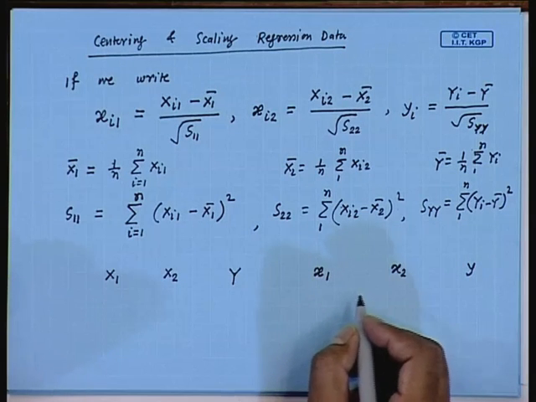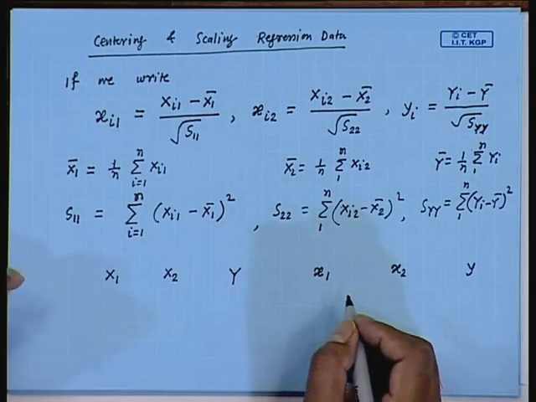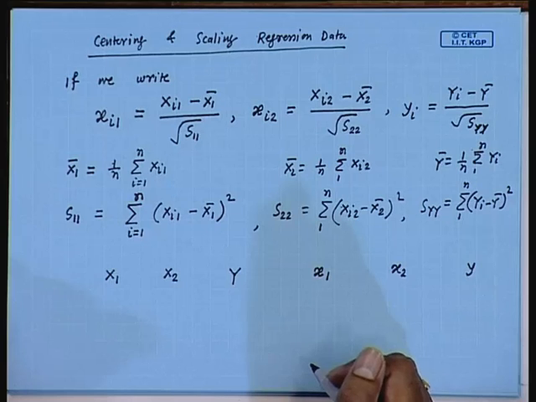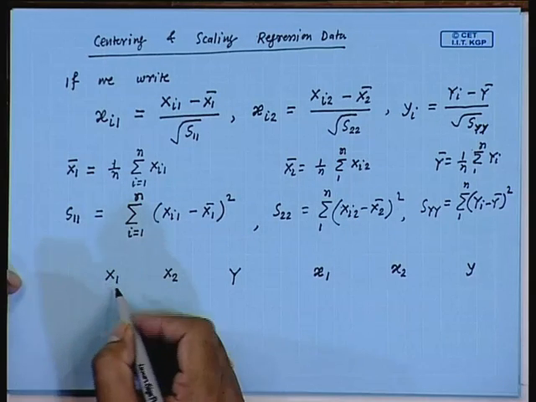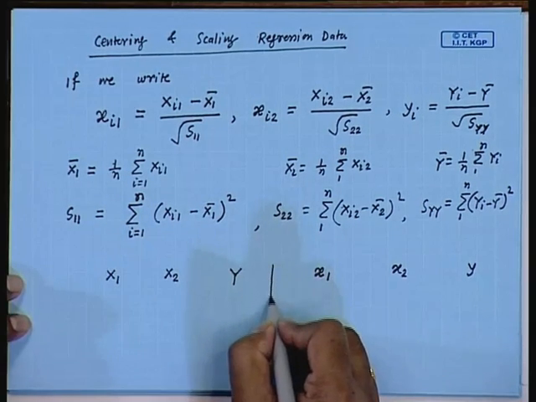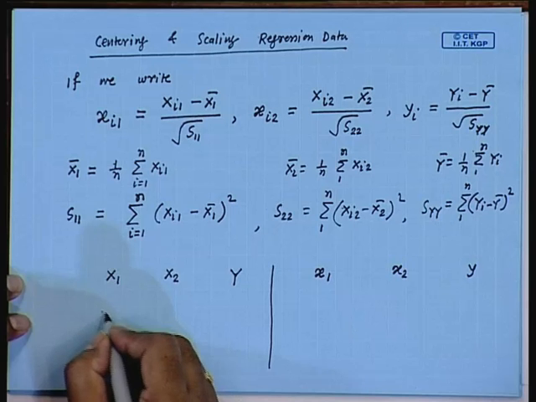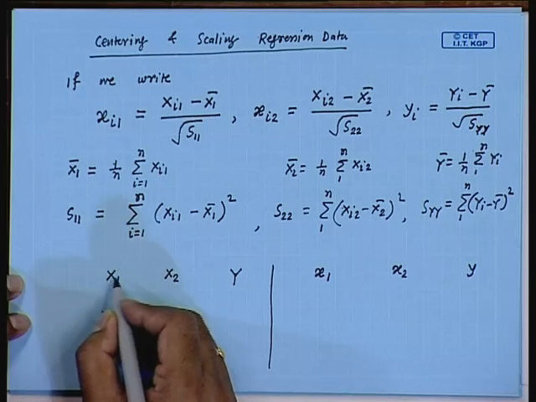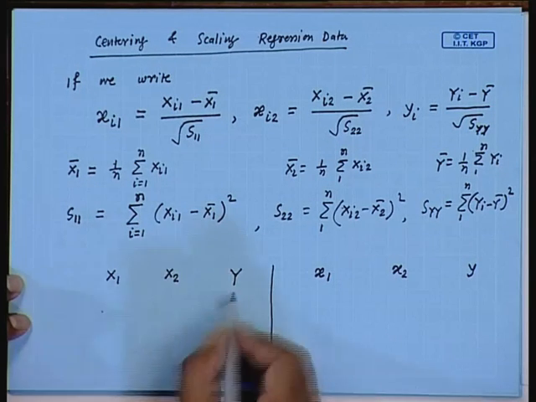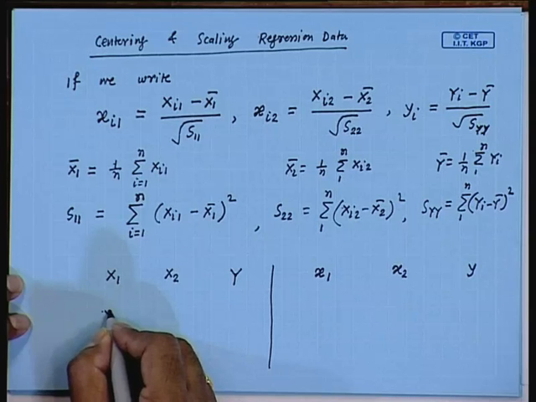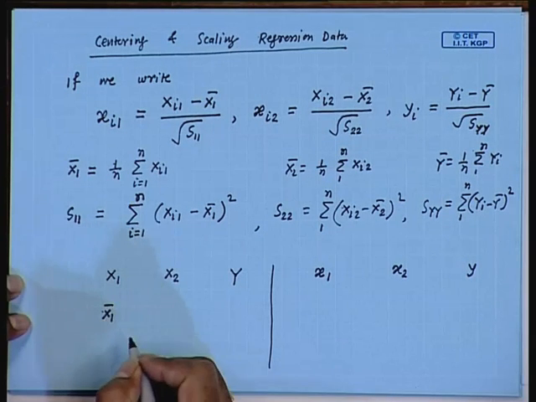Now, one thing we need to observe is that the mean of the original observation, I mean the mean associated with the first regressor for the given data, is, of course, always x1 bar.